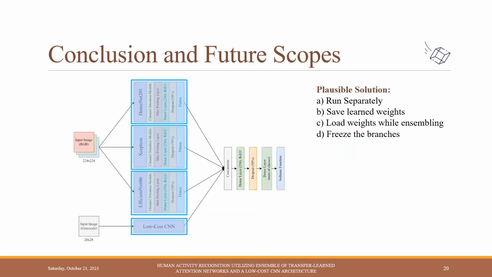How can we solve it? We can solve it by first training each of the models separately. Then, while ensembling these models, we can freeze each of them by loading the already trained weights, and then only train the final ensembling block. Then we should theoretically get a better result.